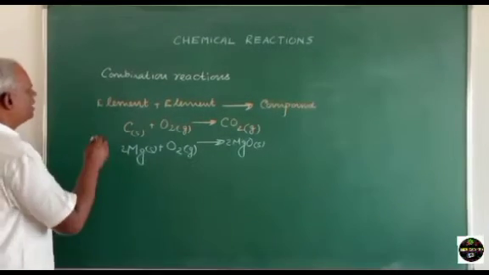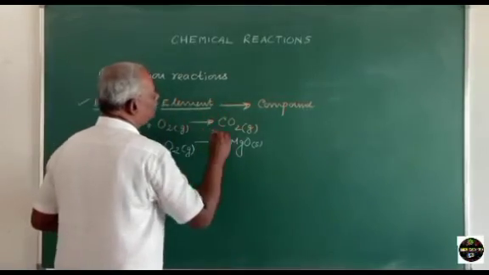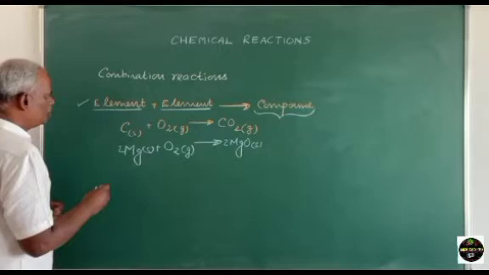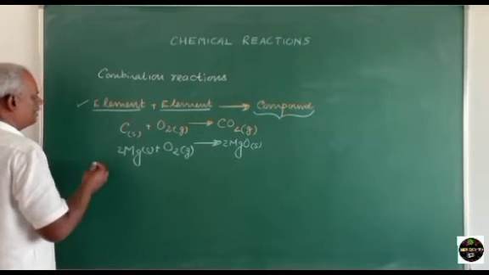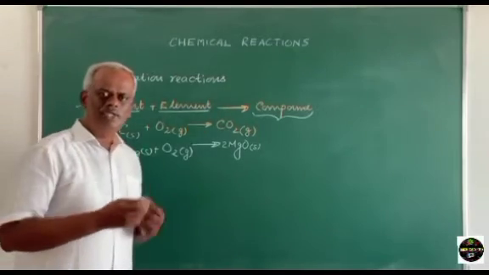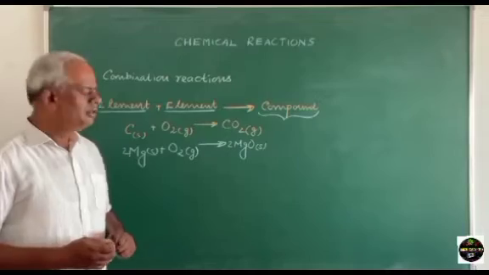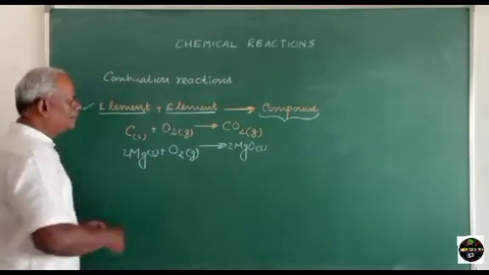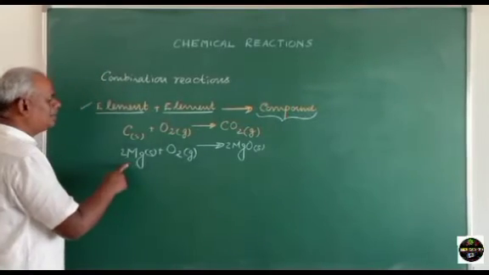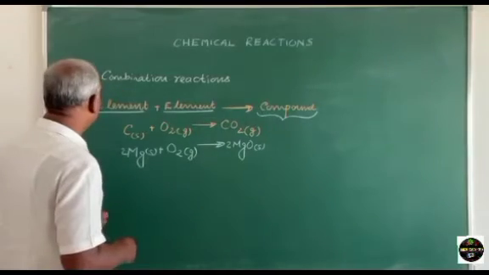In the combination reaction, category 1, an element combines with an element to form a compound, which means any kind of element we can take. Carbon, a non-metal, and sulfur, a non-metal, can combine with oxygen to form sulfur dioxide. Phosphorus can combine with oxygen to form phosphorus pentoxide and trioxide. A metal like magnesium combines with oxygen to form magnesium oxide.